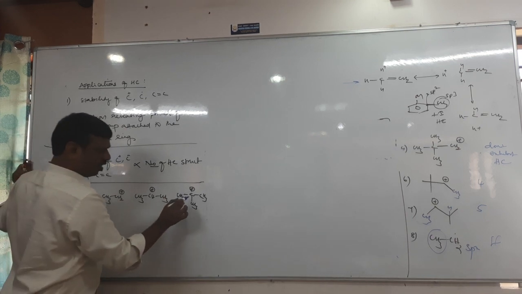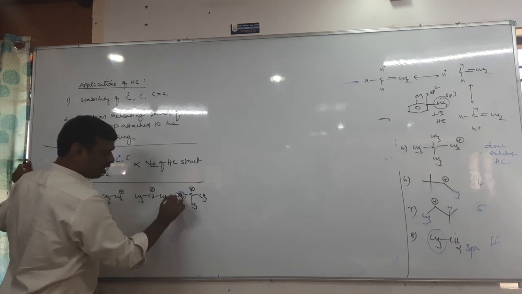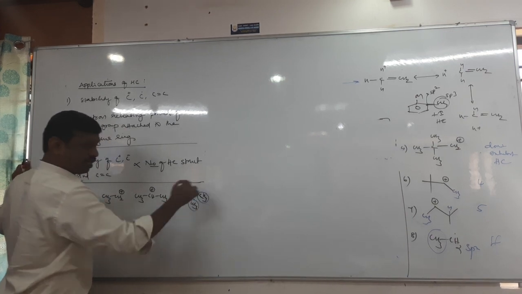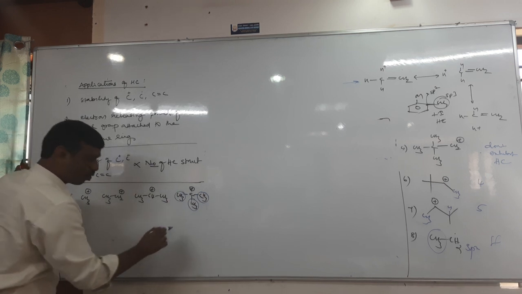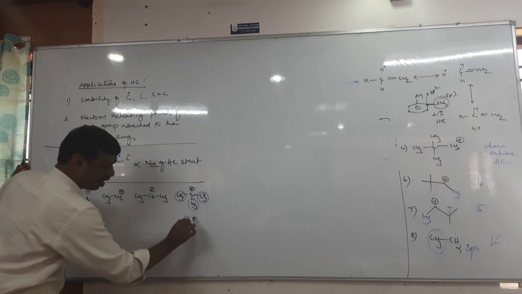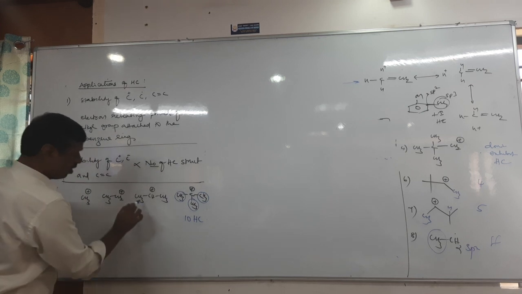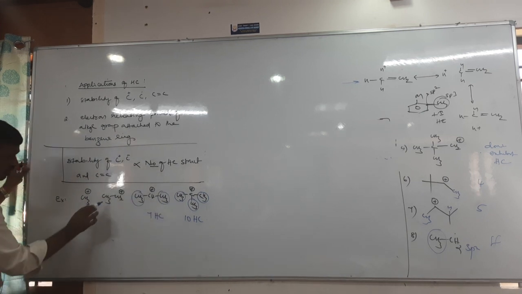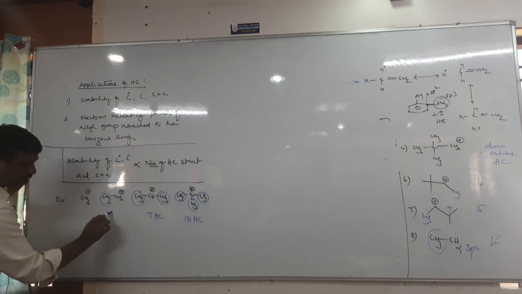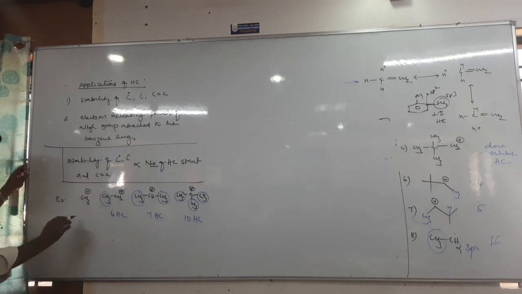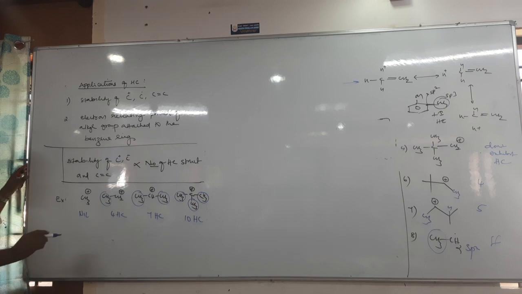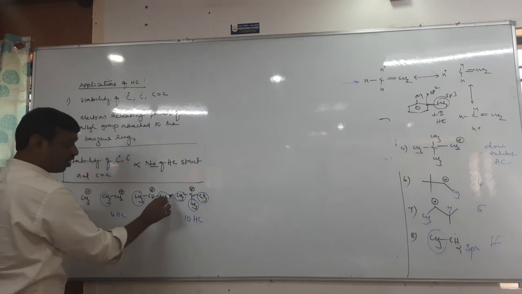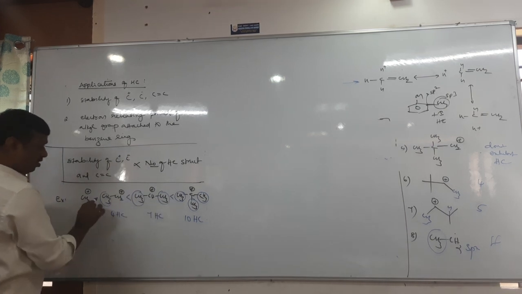See, this is carbocation, alpha carbon, alpha carbon, alpha carbon. There are 3 alpha carbons, 9 alpha hydrogens. Therefore, total 10 hyperconjugation structures. Here, 6 plus 1, 7 hyperconjugation structures. Here, 3 plus 1, 4 hyperconjugation structures. Here, no hyperconjugation. Therefore 10 hyperconjugation structures is more stable than this, than this.